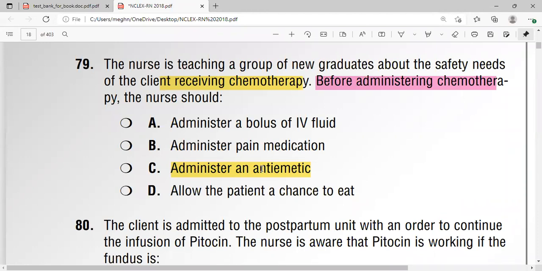It is not necessary to give a bolus IV fluid or medication for pain or allow the client to eat. Therefore, answers A, B, or D are incorrect.